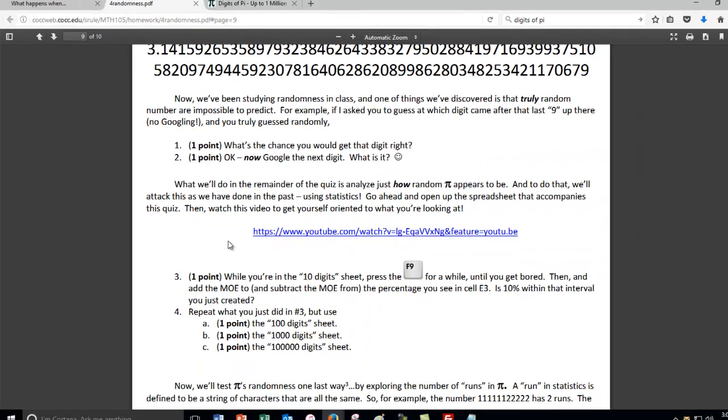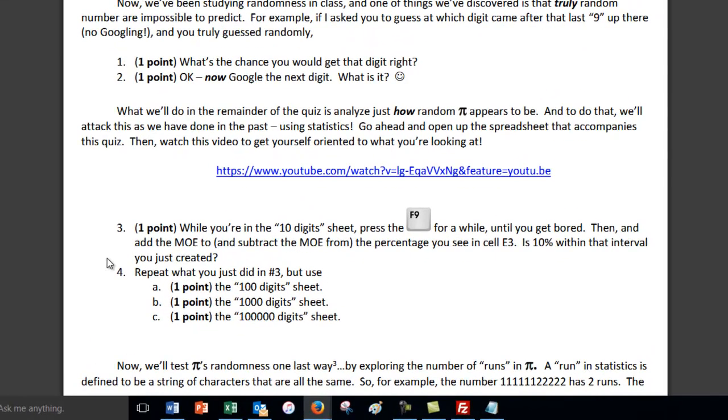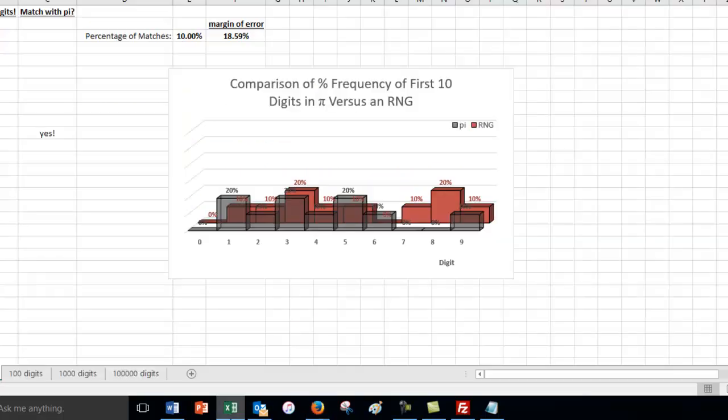Now we're going to go ahead and run some analyses of occurrence of those digits. Because we said there's a 10% chance that you're going to get the next digit right. And we know that there's a 10% chance that any digit would show up if you're guessing randomly. So let's just take a look at the spreadsheet here.